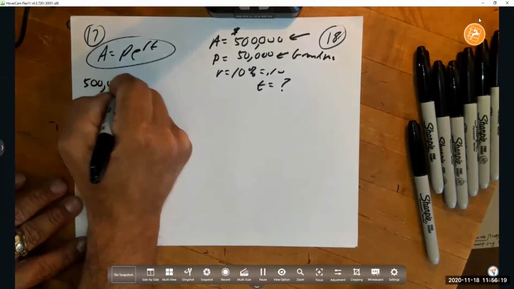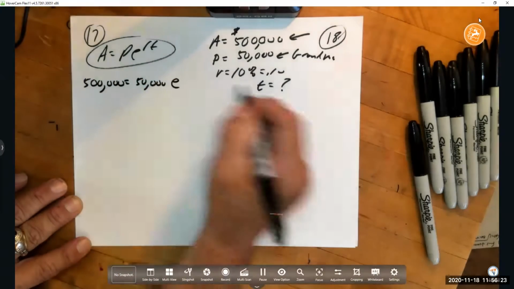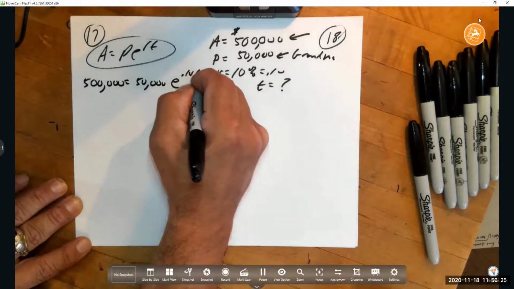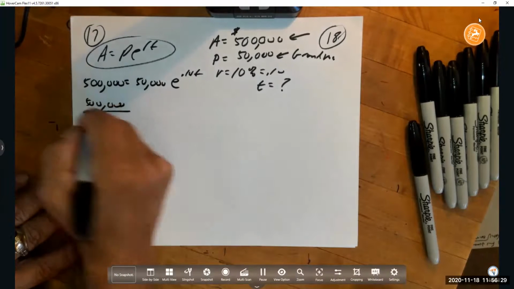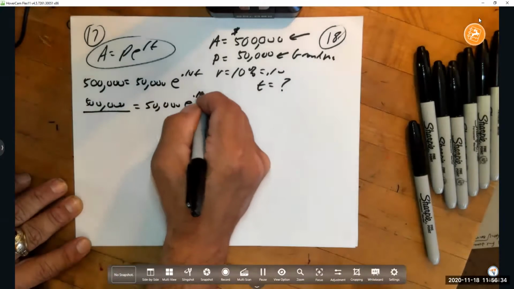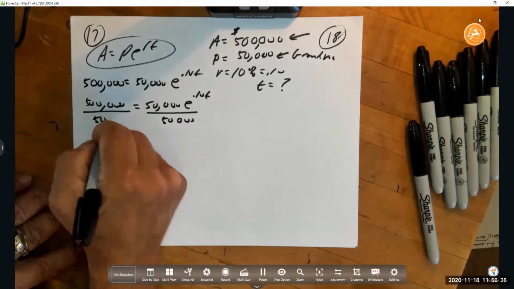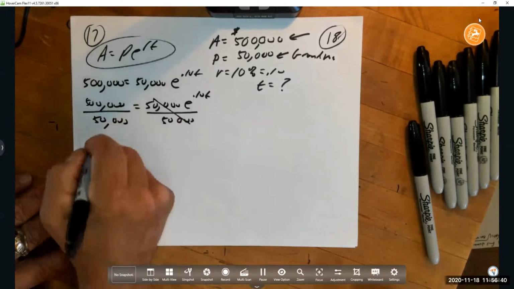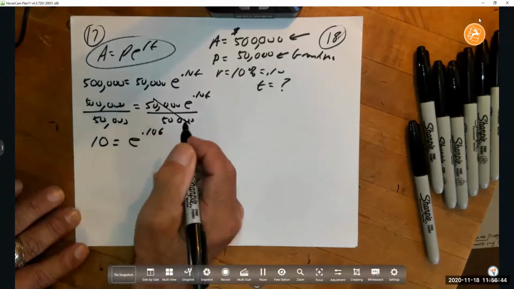So put the numbers in here. 500,000 equals 50,000 e to the 0.10 t. So 500,000 divided by 50,000, these are gone. This is going to be 10 equals e to the 0.10 t.